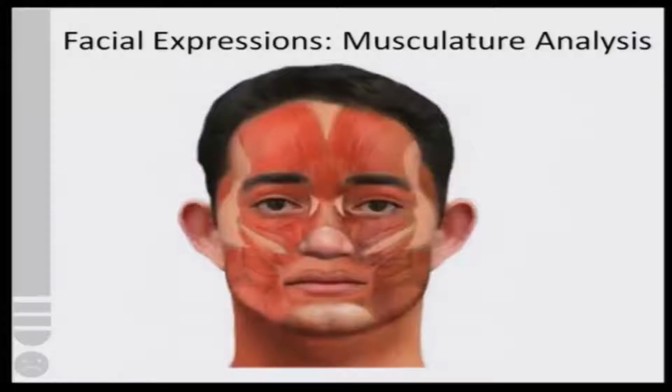Look at this very image. The image that you see right now tells you how different muscles are spread throughout our face, and it is basically the movement of these muscles that is held responsible for adding whatever expression is visible on the surface of the face.